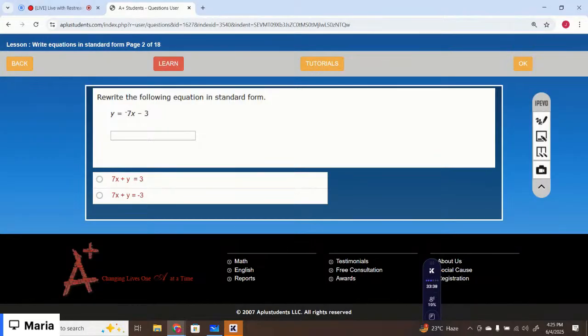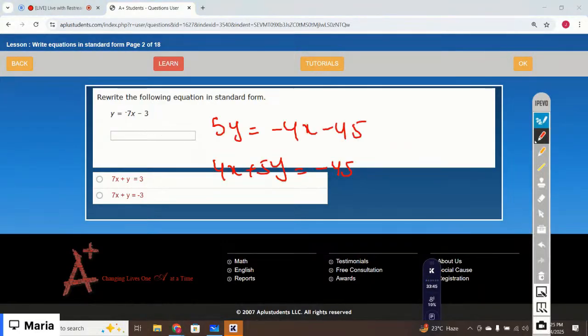Rewrite the following equation in standard form. That is 7x plus y equals negative 2.